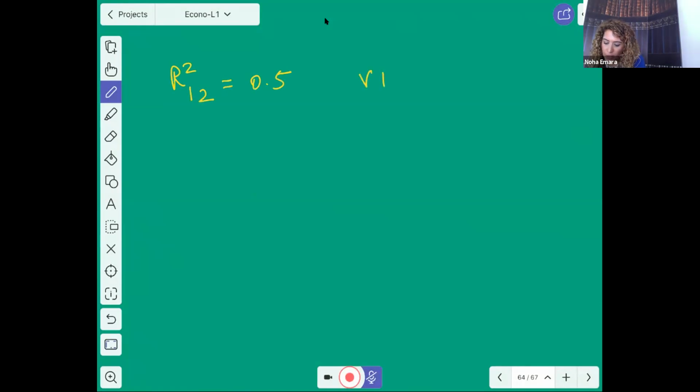The VIF is equal to 1 over 1 minus R squared, right? With 0.5, this is equal to 2. So the variance of x1 will be inflated twice because of the 50% correlation between x1 and x2.